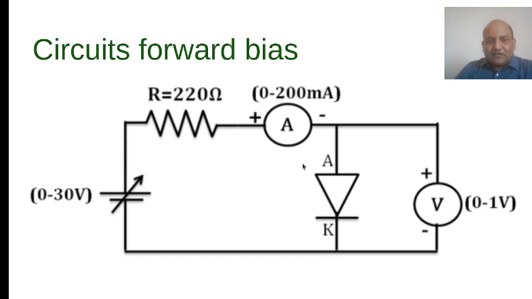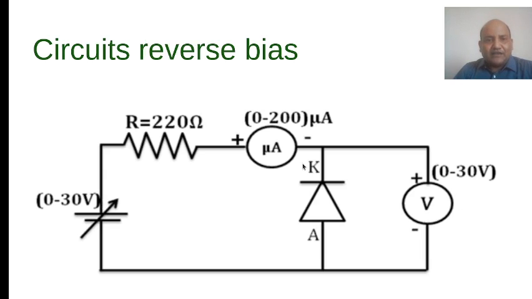So this is the circuit diagram for forward bias, and this is the circuit diagram for reverse bias. Here you again connect 0 to 30 volt. What is the difference between the previous circuit and this circuit?